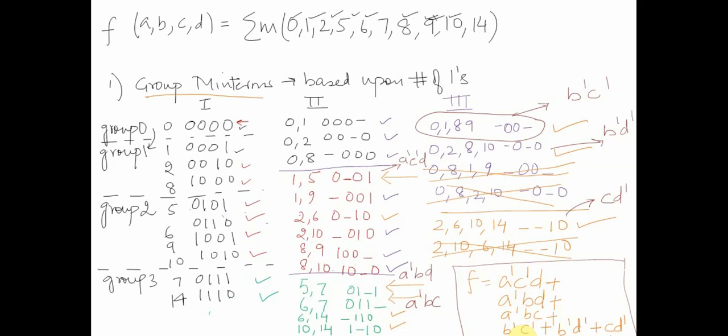I will copy this into the next file, where we obtained one function using the Quine McCluskey method, which is a bar c bar d plus a bar b d plus a bar b c plus b bar c bar plus b bar d bar plus c d bar.